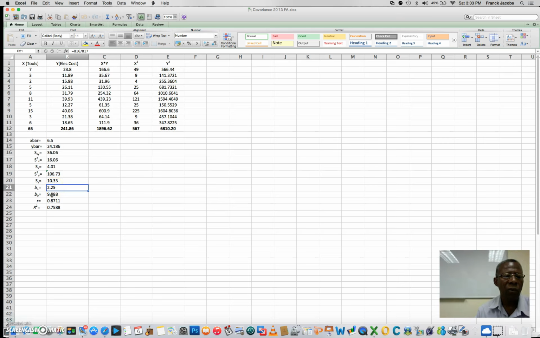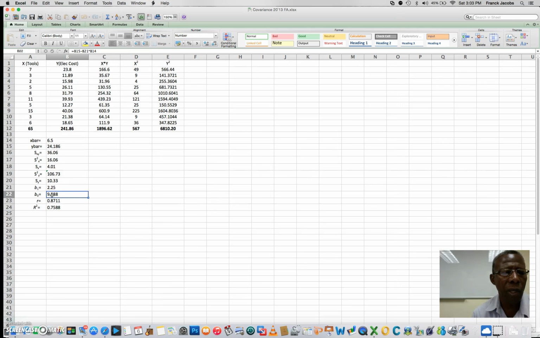Now for the fixed cost, B0, or the constant term. B1, which I've been referring to as the variable cost in accounting, is in fact the coefficient of X, the gradient of the least squares regression line.